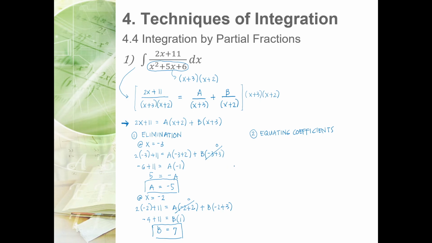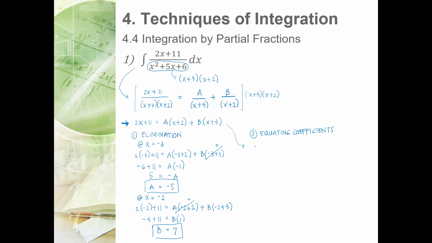It requires setting up the equation with 2 unknowns and 2 equations, like the solving of 2 equations with 2 unknowns you did in algebra. So what we need to do in equating coefficients is we need to expand this equation.